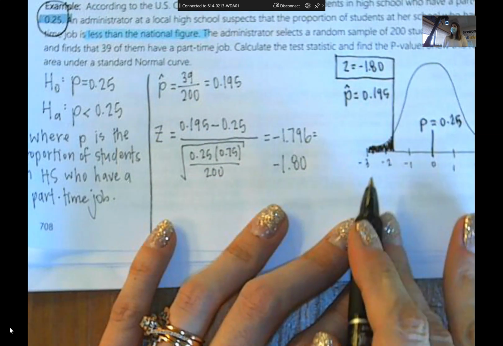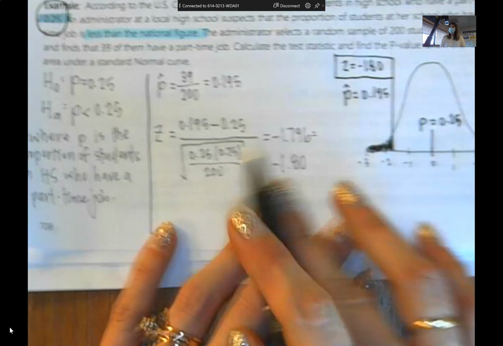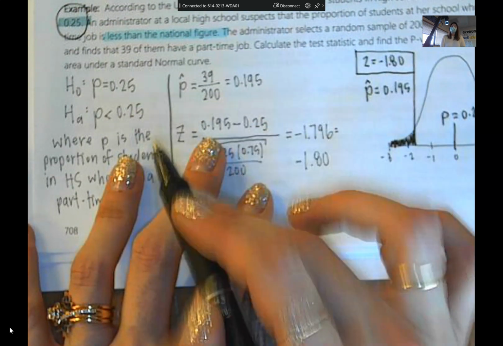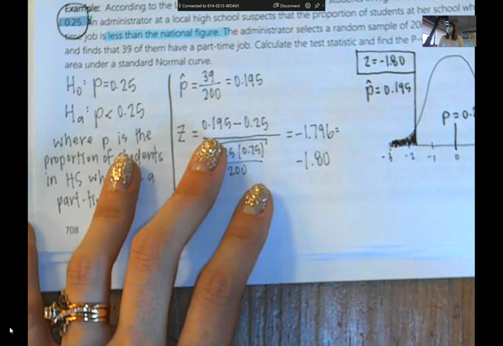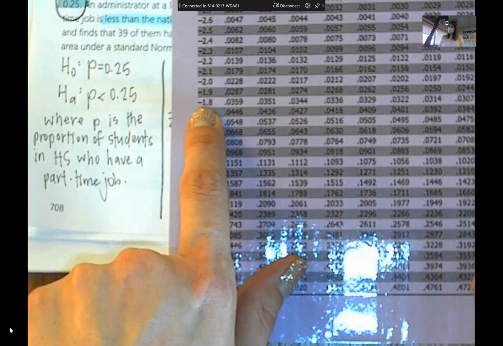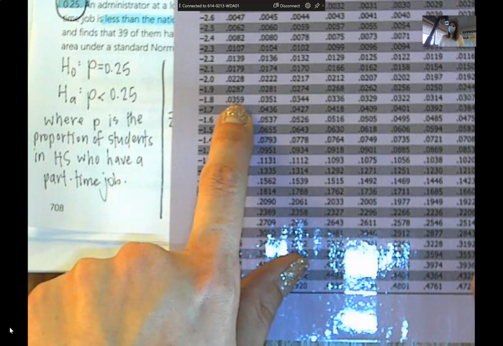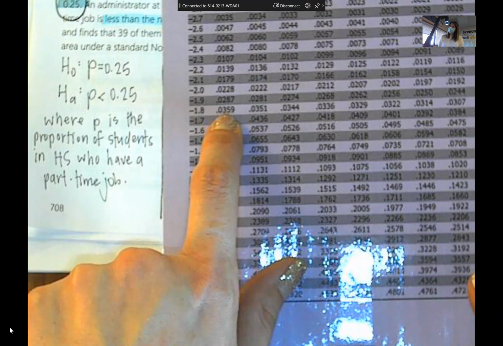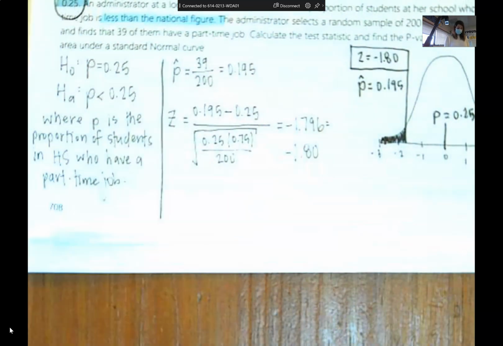So I know to color in to the left because my alternative is pointing toward the left. So if I go to my z-table, I go down to negative 1.8 and over to the 0 place. So 0.0359. So here's how we write this out.